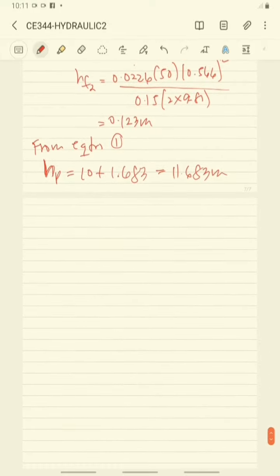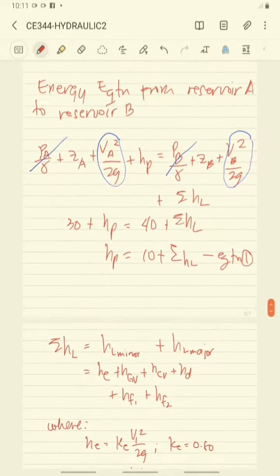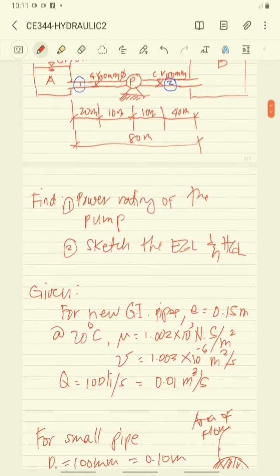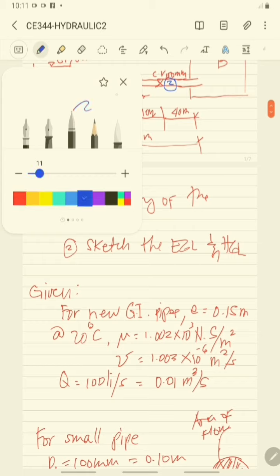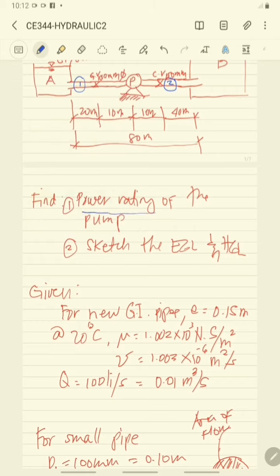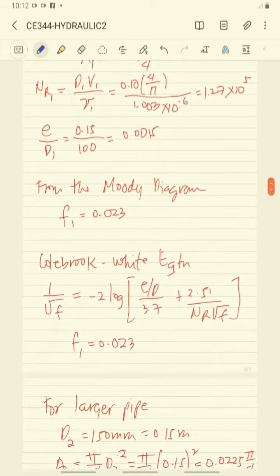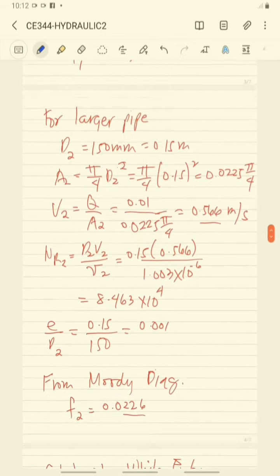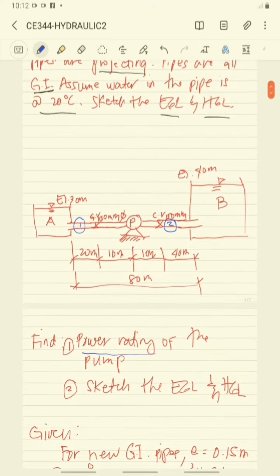Okay, because we need to determine the power of the pump. The power of the pump means the power output, because the power input of the pump is the electricity.